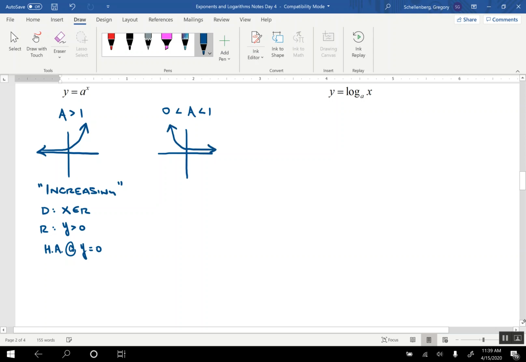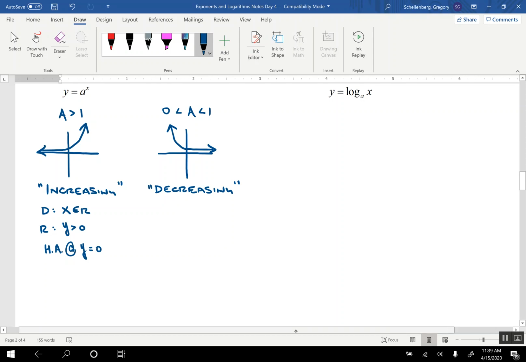And we call this a decreasing exponential function. And a lot of the properties stay the same. So the domain is still all real numbers. The range is the same, and we still have a horizontal asymptote at y equals 0. Okay, but how about a logarithmic function?